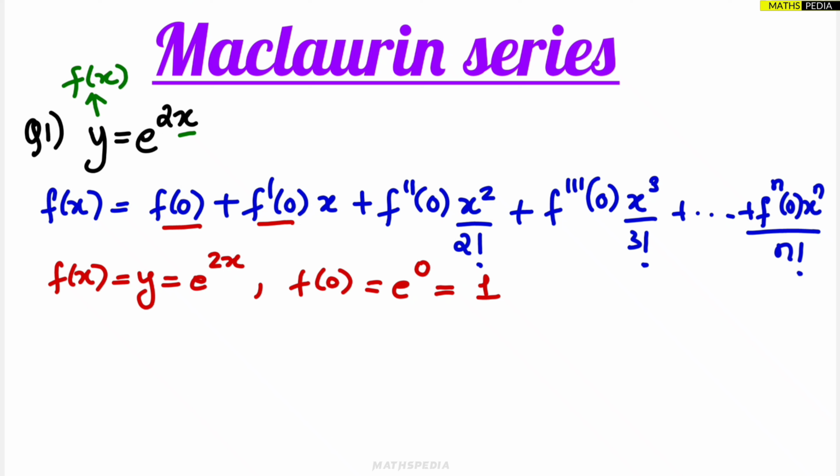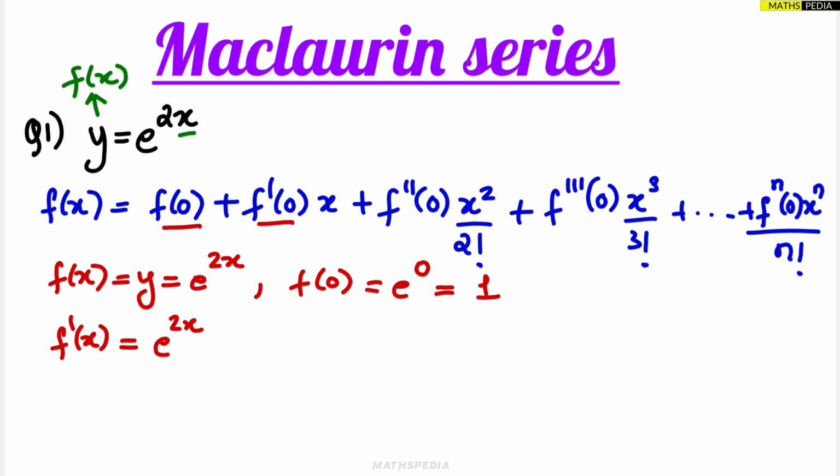Now I have to find f dash of 0. For that purpose, I first have to find f dash of x. f dash of x basic meaning is differentiation. So I have to differentiate this function e power 2x with respect to x. The differentiation of e power x is e power x.